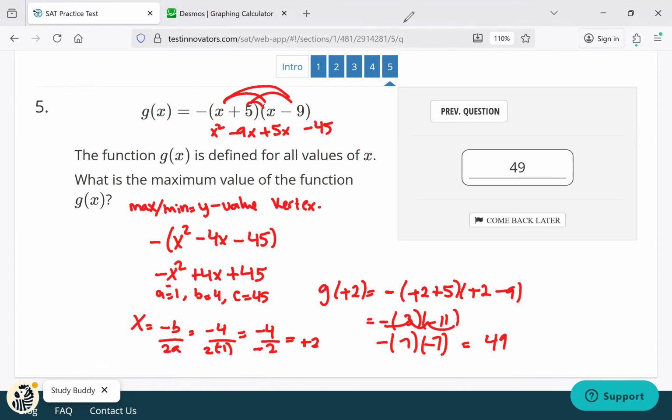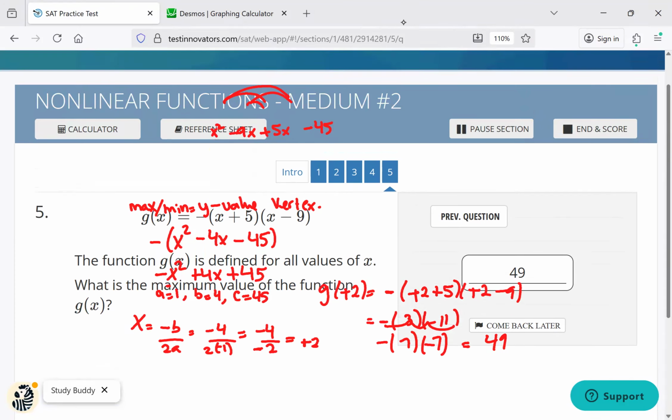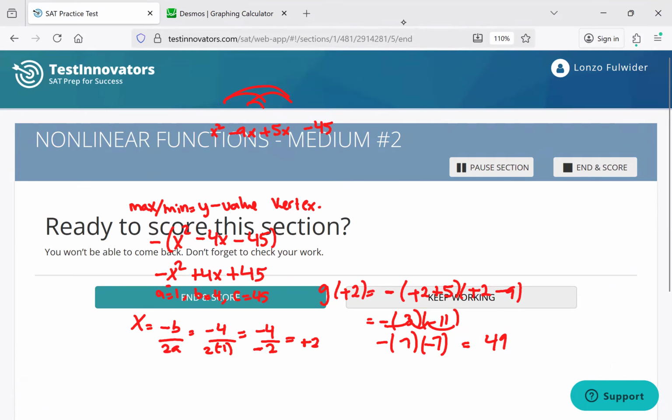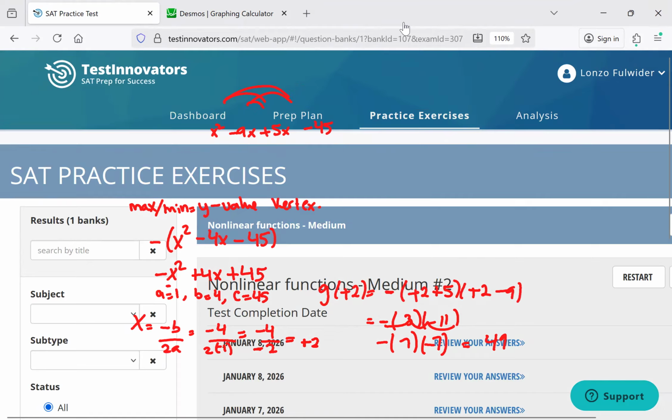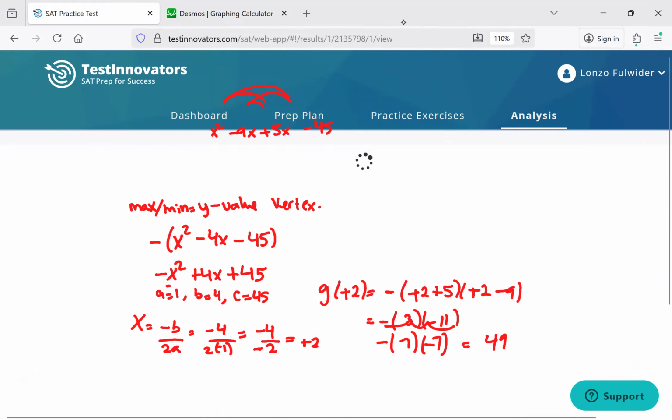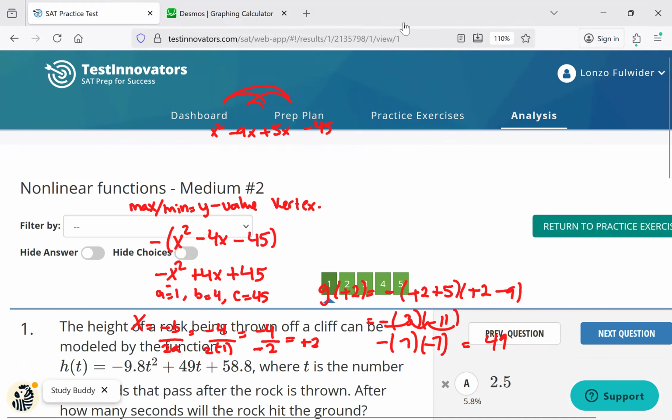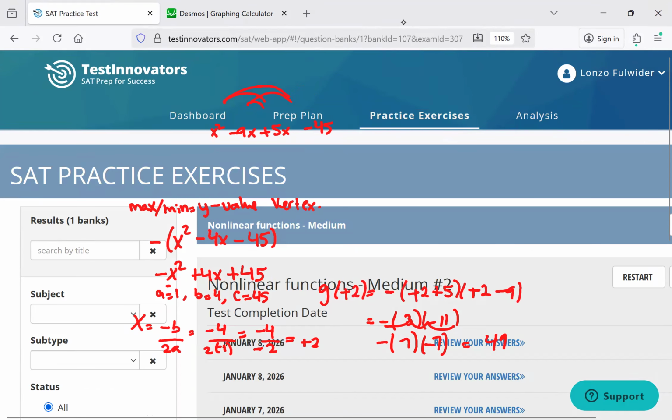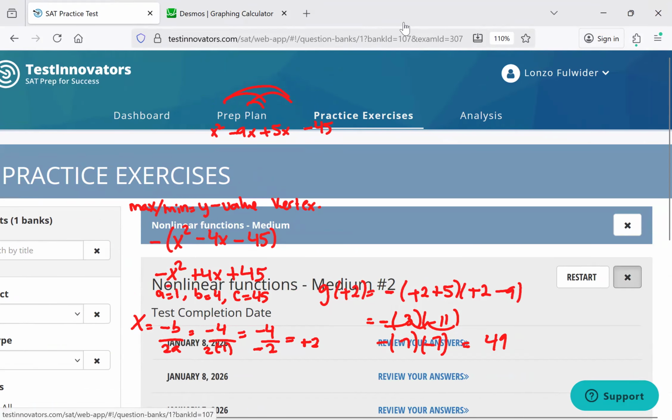Okay. Let's do, I think there's one more problem like this. Yeah, we got it all. Okay, so let's see here.